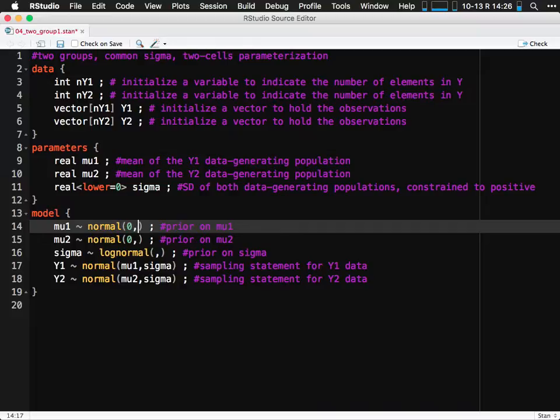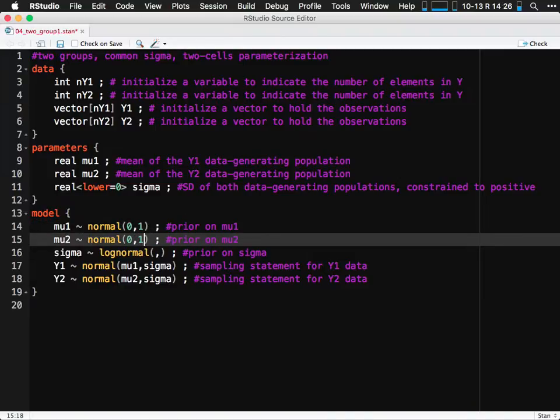Similarly, we expect the groups might differ a little bit, and that's going to influence how that scaling affected things, but not much more than a whole effect size of 1.